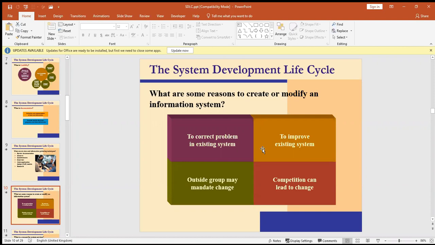Then it could be because of external changes, maybe an external force. For example, government can require that all academic institutions have a system that is supposed to do a certain task. For example, e-learning.